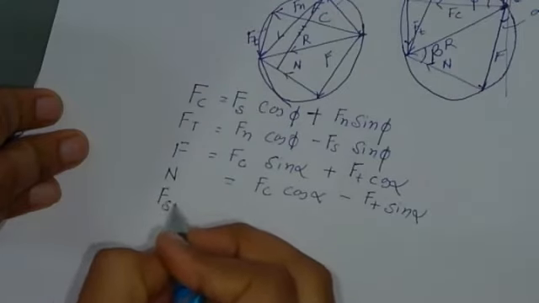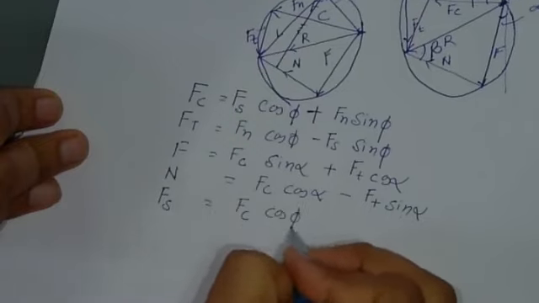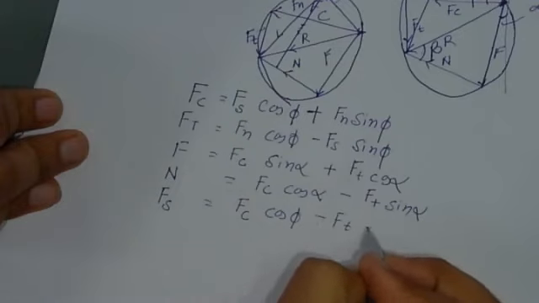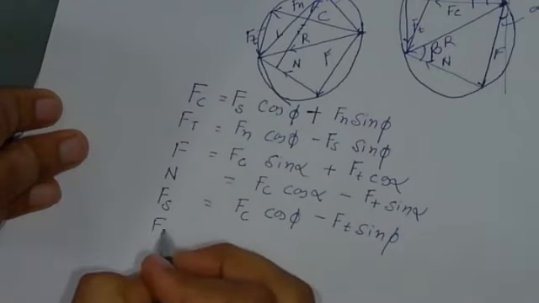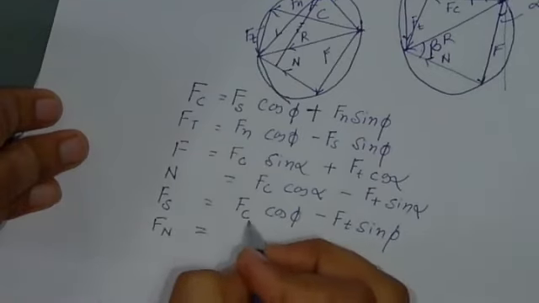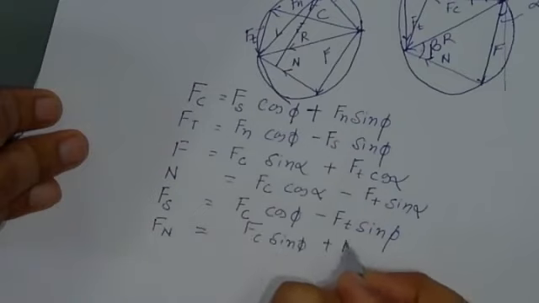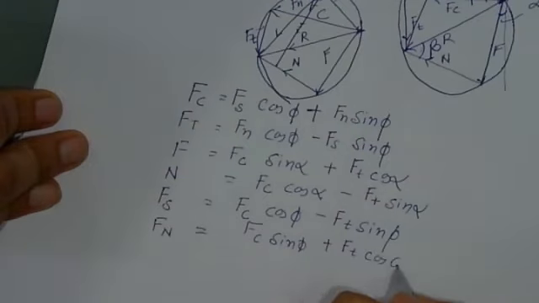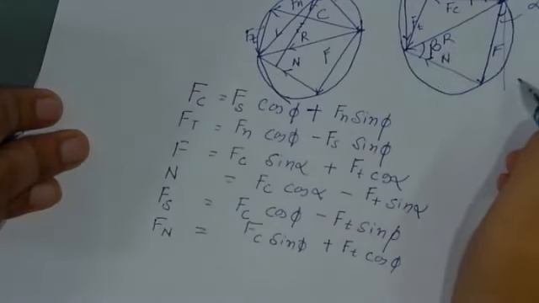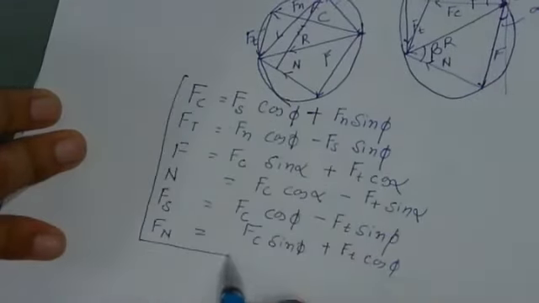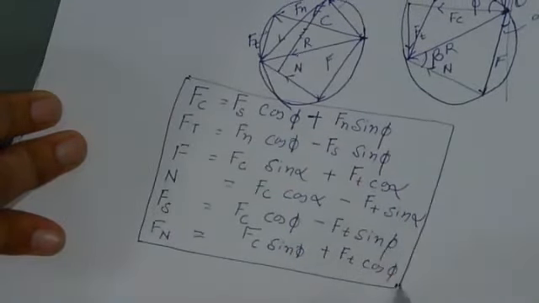Similarly, the shear force is Fc cos phi minus Ft sin phi, and the normal force to shear force Fn is equal to Fc sin phi plus Ft cos phi. These are all the equations which have been written on the basis of this Merchant circle, considering various triangles and associated angles.